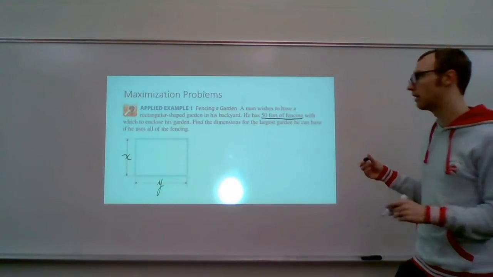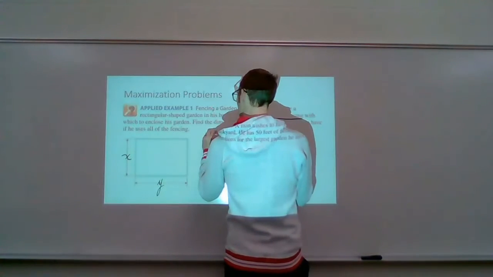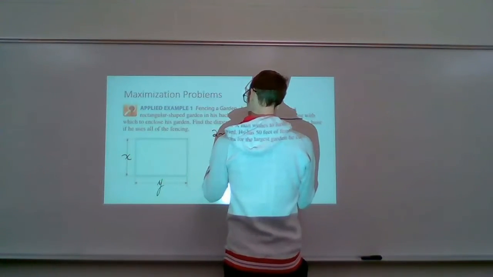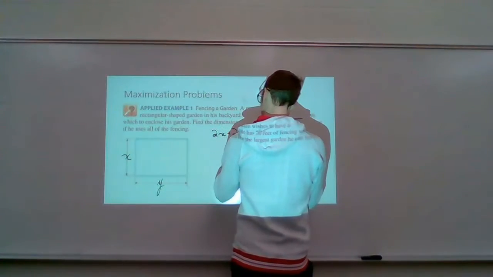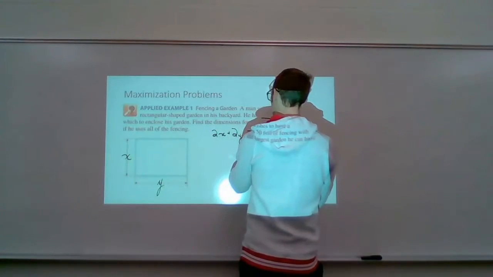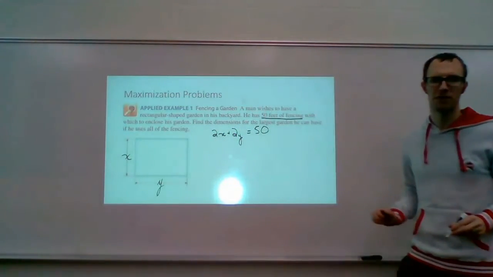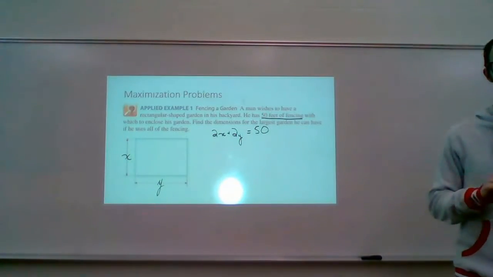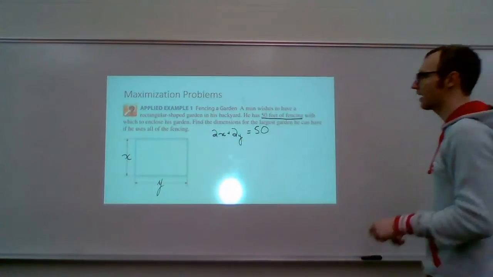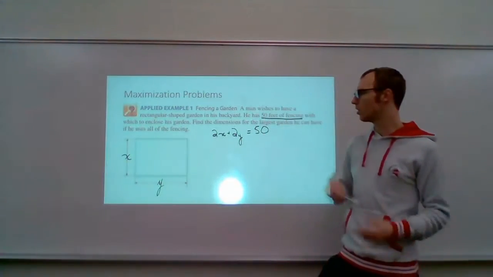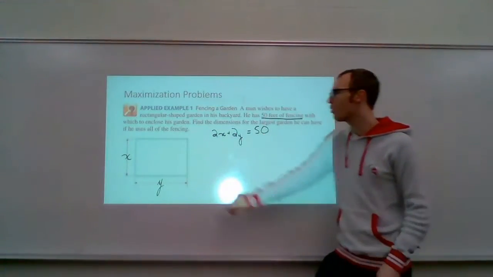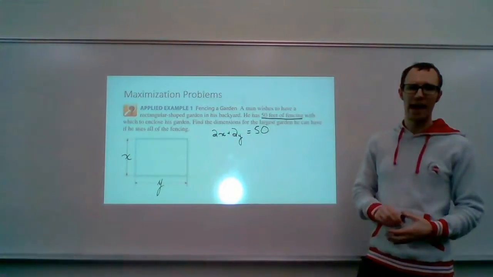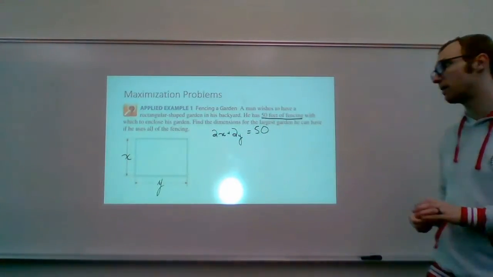That's a perimeter. And so we know that 2x plus 2y needs to equal 50 feet. All right, so you take 2x, you got the x here and the x here. You've got 2y, a y down here and a y up here. We add those together, they've got to be 50.